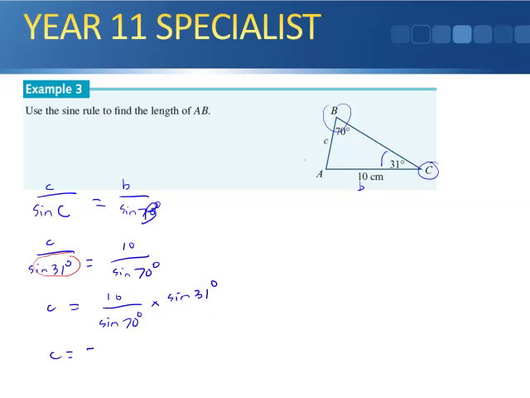So therefore C equals 5.4809. To two decimal places, we'll say the length AB is 5.48 centimeters, correct to two decimal places.